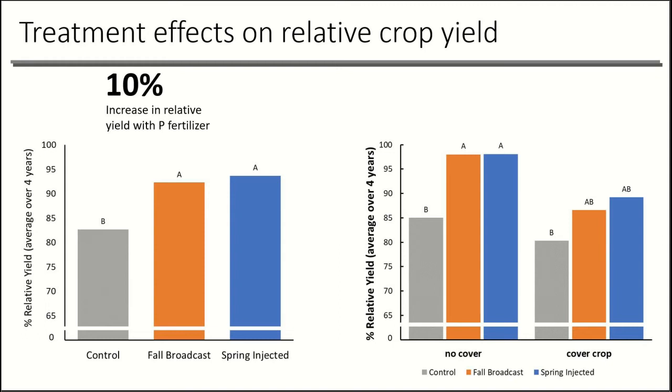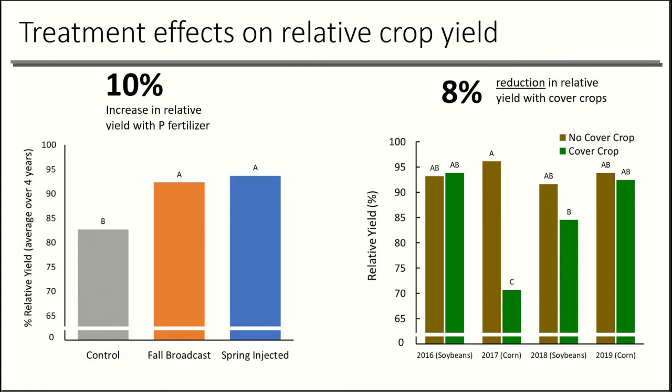And statistically we conclude that the response is the same, an increase in yield for fertilizer treatments in both cover crop and no cover crop, even though the yield was a little bit less in the cover crop treatment. And that really came because of a few particular years, right? In 2017 and 2018 we saw lower yields on average with cover crop.